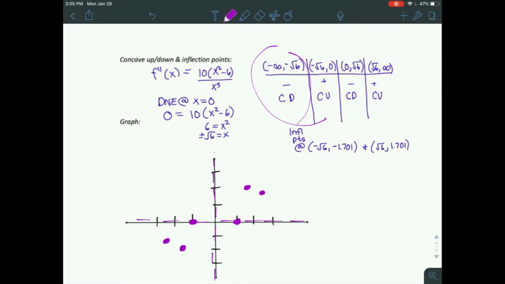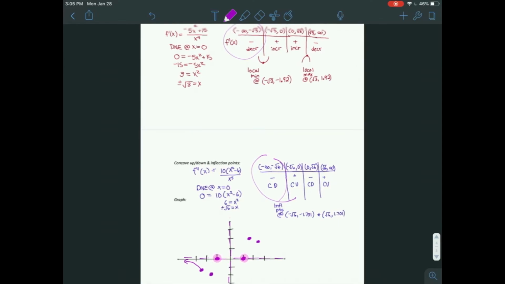And these are the only x-intercepts, so it can't actually do what I just did. I tried to draw it in like that, but it's not going to cross the x-axis anywhere except at these two x-intercepts. So it's actually going to stay down below this horizontal asymptote. So concave down and decreasing. Got it.